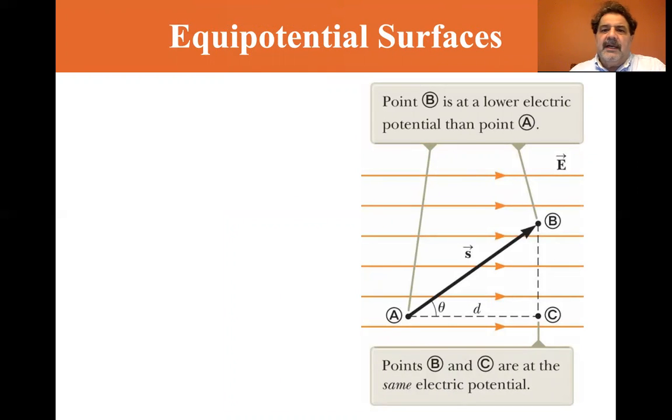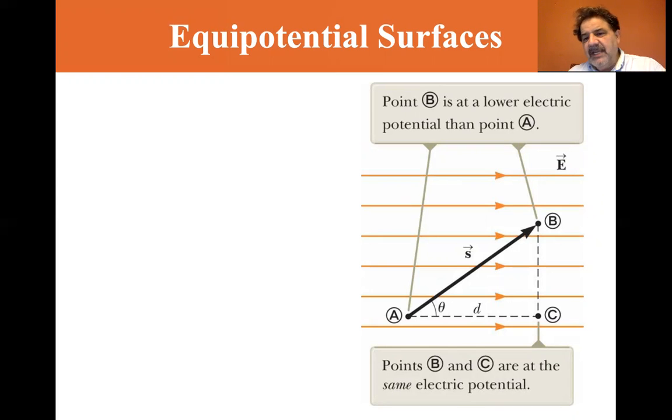Okay, so equipotential surfaces. Now, you all measured equipotential surfaces in your first lab, but let's look at it here. Point B is at a lower electric potential than point A. And points B and C are at the same electric potential.